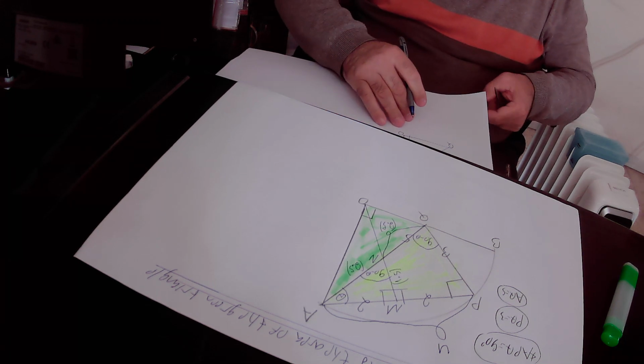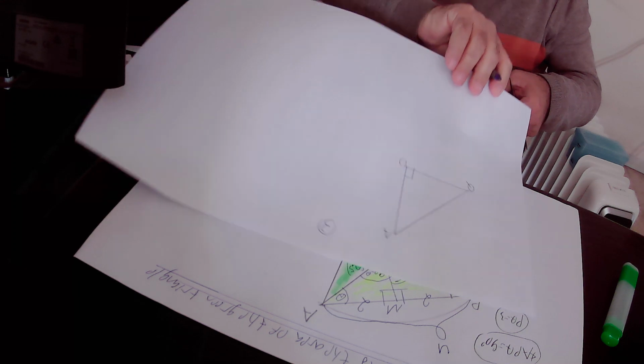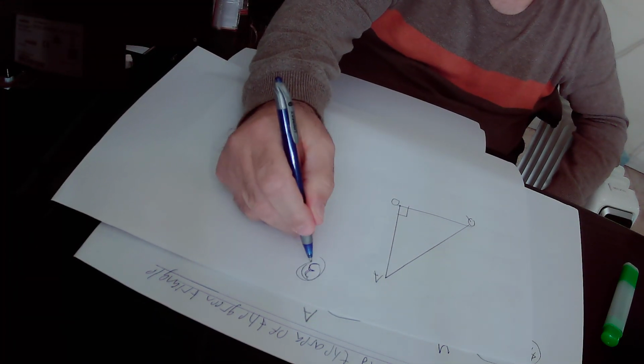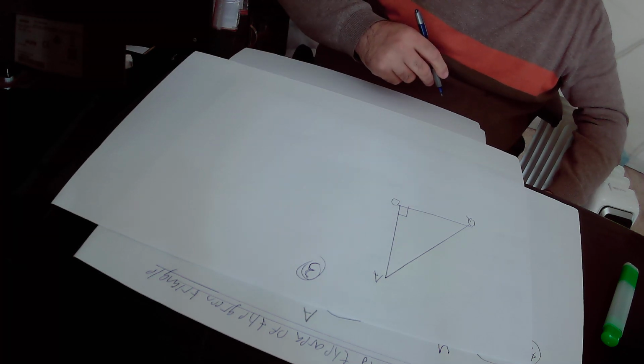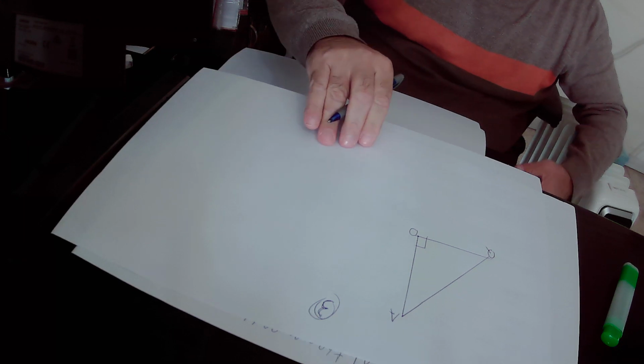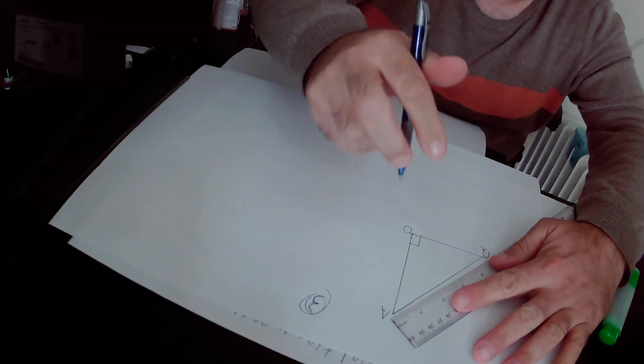Actually, this is the right triangle AOQ that I copied from the original drawing. Now we will block this triangle AOQ by a circle.